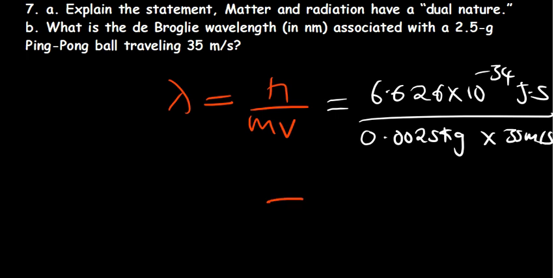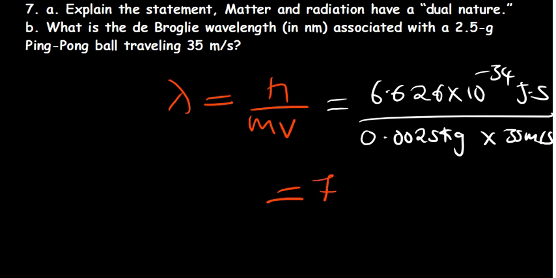Of course we are using the standard units, so expect to have answers in meters. So 6.626 times 10 to the power negative 34 divided by 0.0025 multiplied by 35.